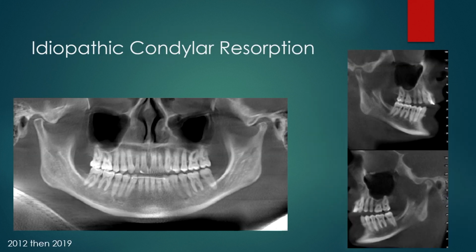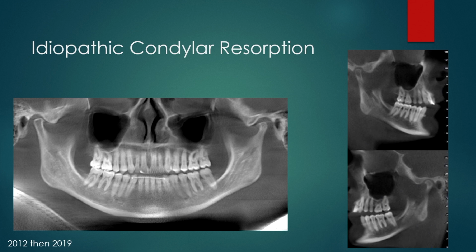Idiopathic condylar resorption, this wasn't the best image because she actually looks like hers might have stopped for the time being because she has good cortical bone again. They can look very similar though. But what you can notice here, this really is how her teeth fit together. She was closed. Do you see that there's contact here in the posterior and not anywhere else? And then if you look here, there's contact again there, but not here.